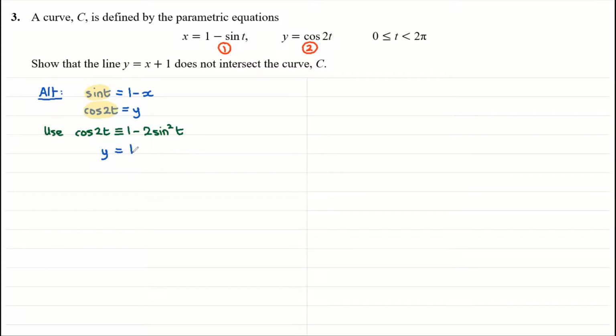Okay, and then we swap out the sine squared, so that's going to be minus 2 lots of 1 subtract x all squared. Simply because if you look at the first line there, we get sine squared t must be equal to 1 subtract x all squared. You've got to square the whole thing.